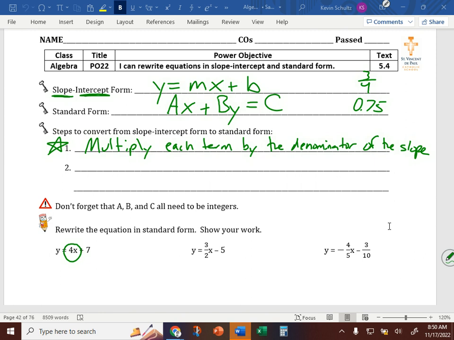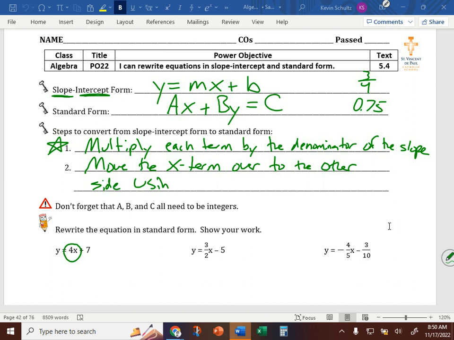Once you eliminate the fraction, then you are going to move the x term over to the other side. And whenever we move a term from one side to the other, what method do we need to use? Caitlin? Very good.